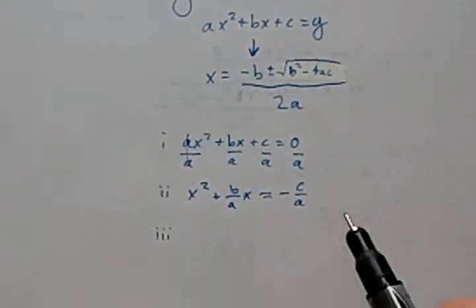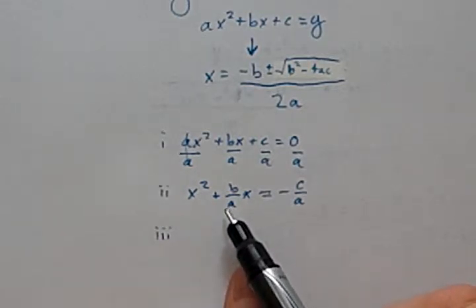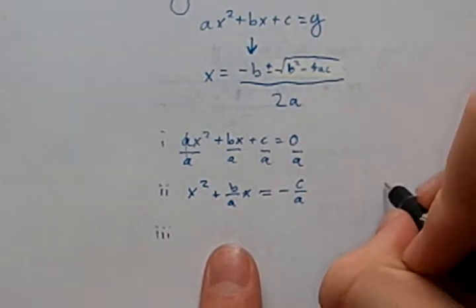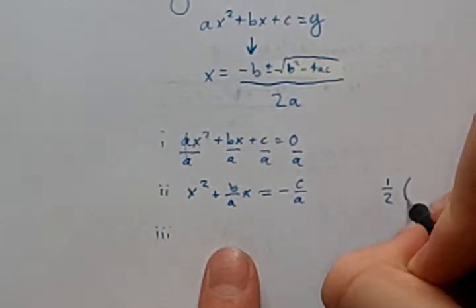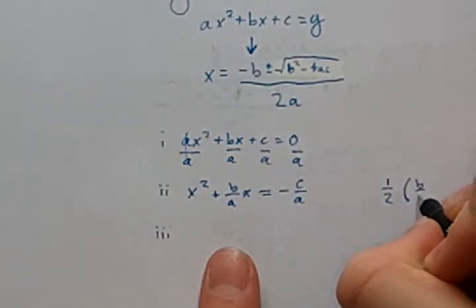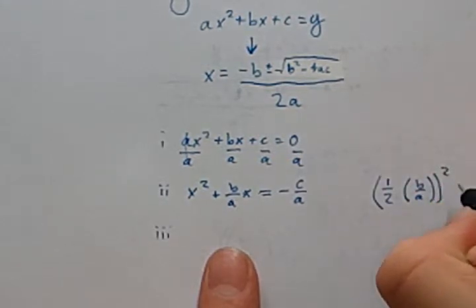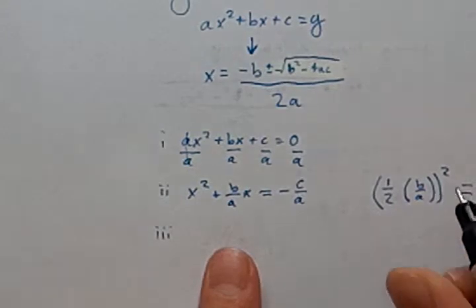The next thing we're going to want to do is complete the square. So the way we get that is we take 1/2 of b over a, squared. So it'd be 1 over 2 times b over a, squared, and that equals b squared over 4a squared.